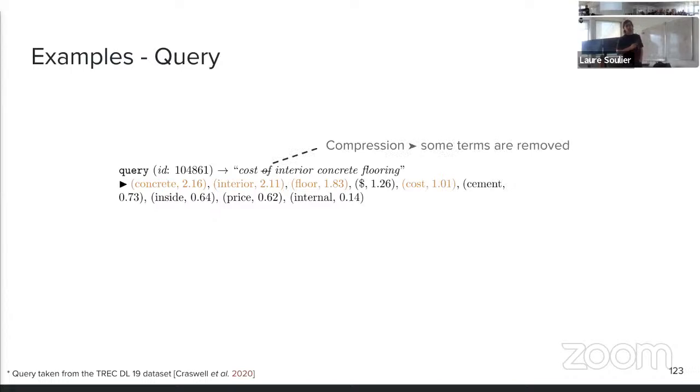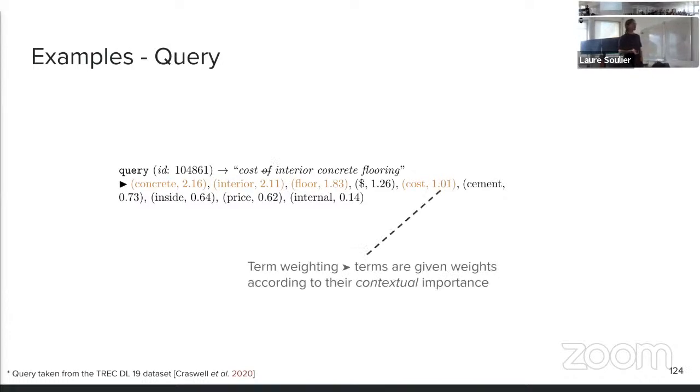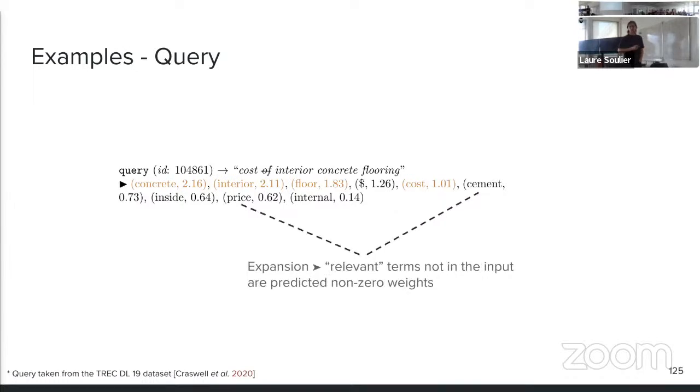So first, due to the regularization, some non-important terms in the input are actually removed from the final representation. We also see that every token in the output has a weight according to its estimated importance. But more importantly, we see the effect of expansion.